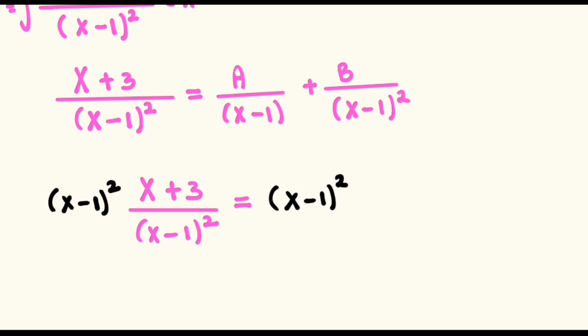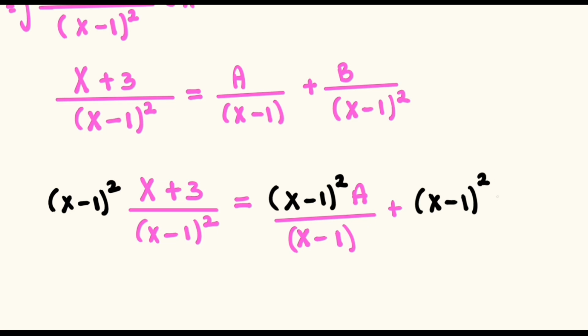So x minus 1 squared will be multiplied with a and divided by x minus 1, plus we multiply every term by x minus 1 squared, and this will be multiplied by b divided by x minus 1 squared.